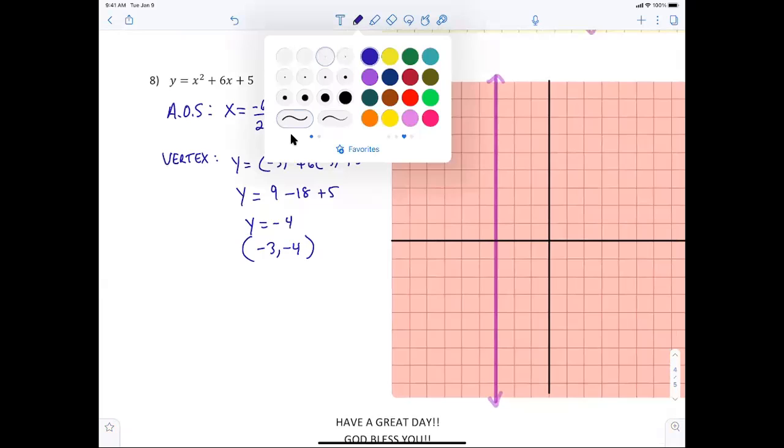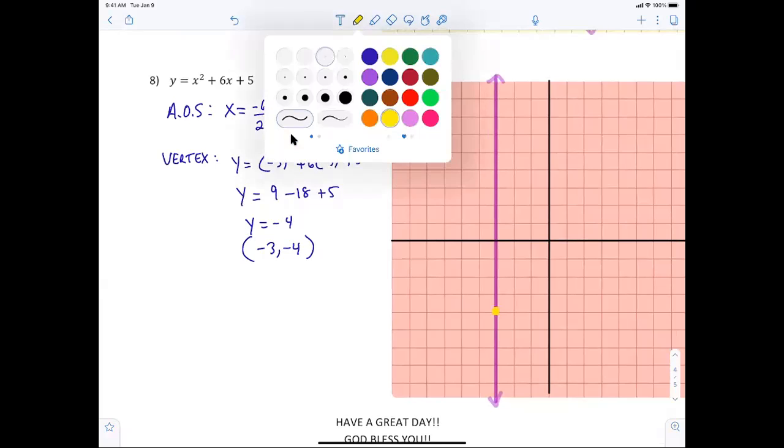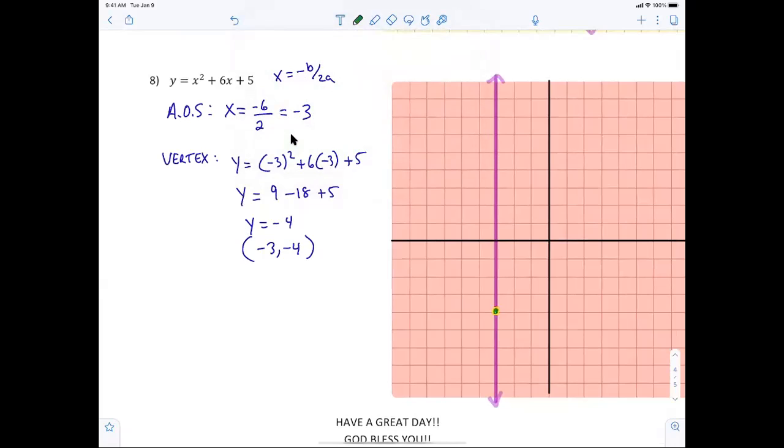Y-intercept is 0, 5. Now the Y-intercept is what, guys? Come on now, 0, 5.